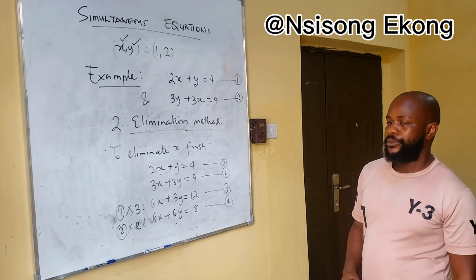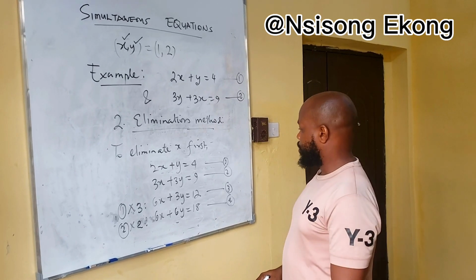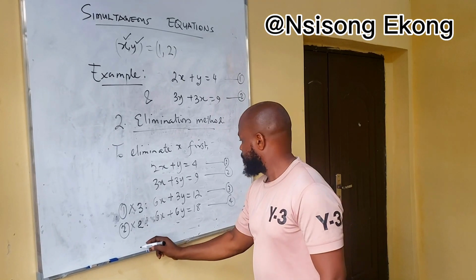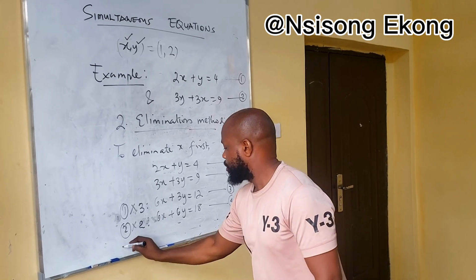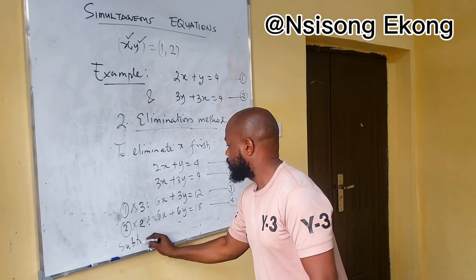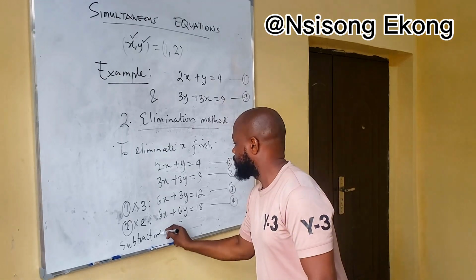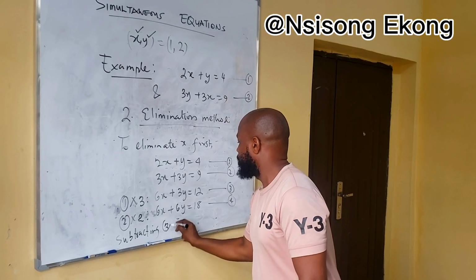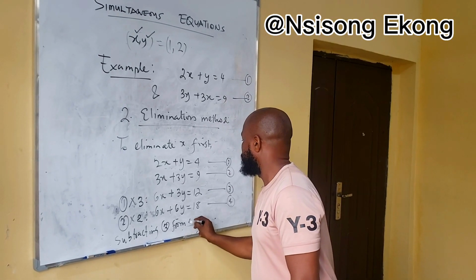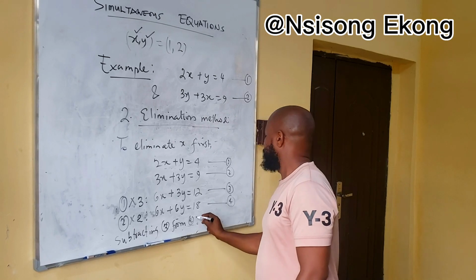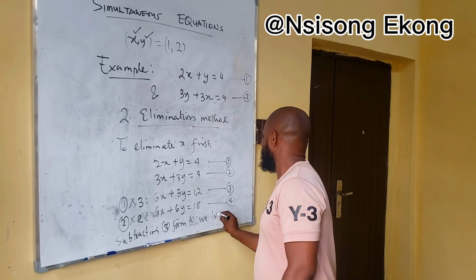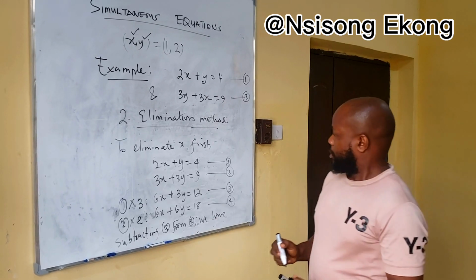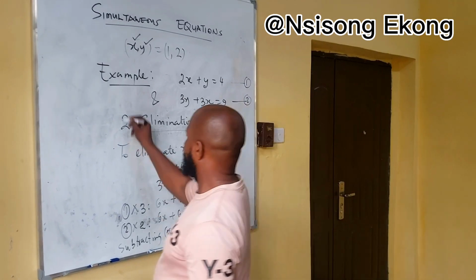We can now subtract them so that we can eliminate x. We say now subtracting equation 3 from 4, we have this.